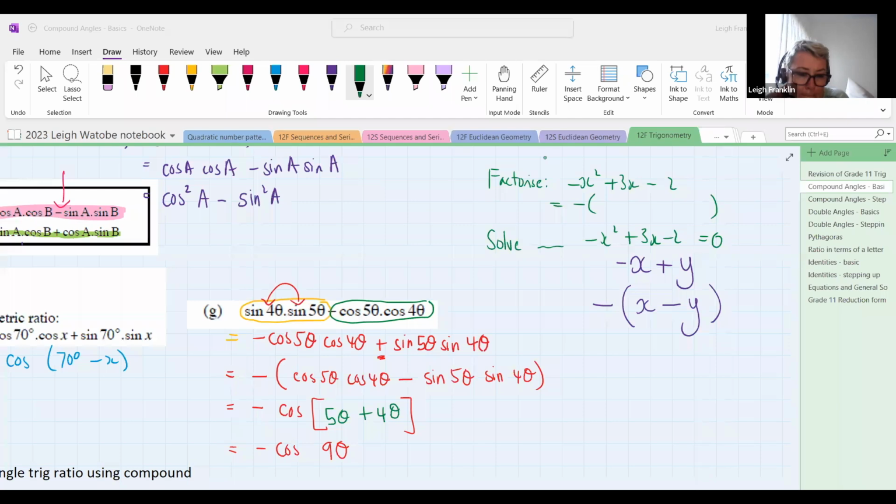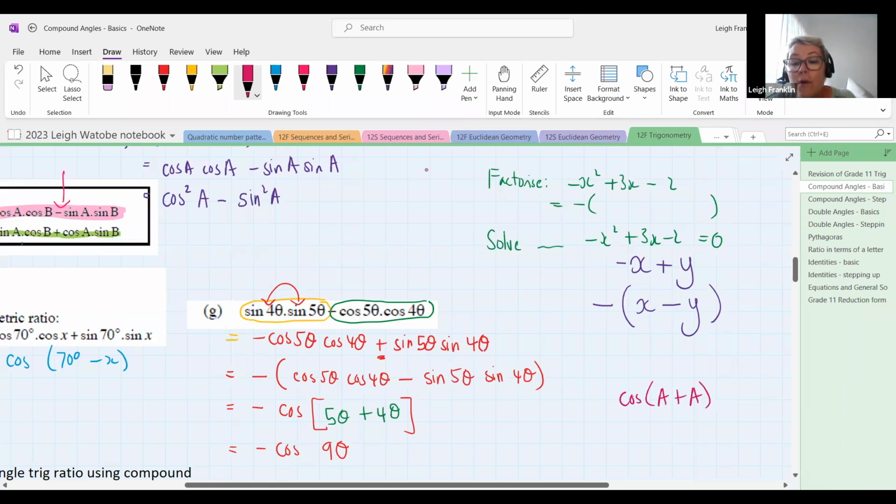Cos bracket A plus A is not equal to cos bracket 2A, right? Yes, it is. Cos of A plus A is absolutely equal to cos 2A.